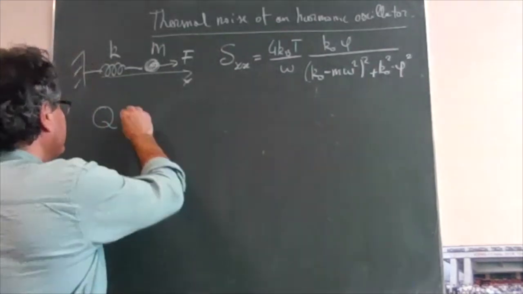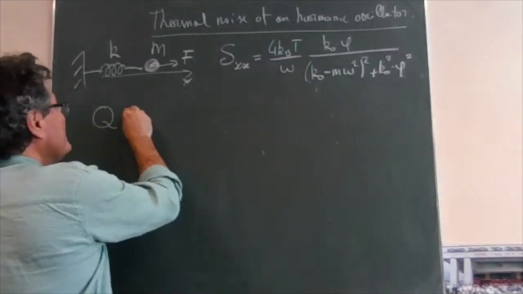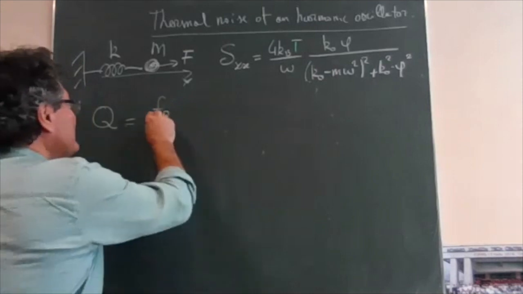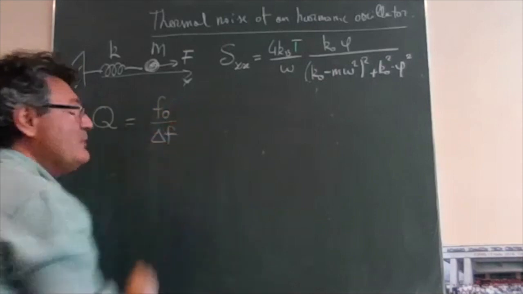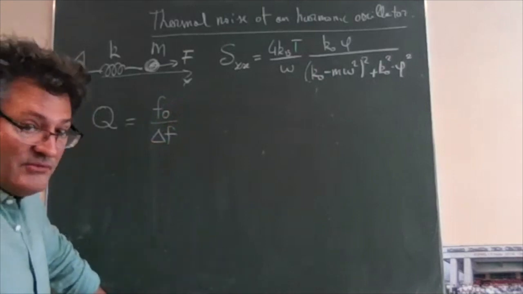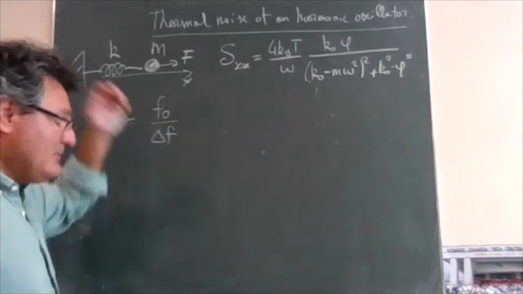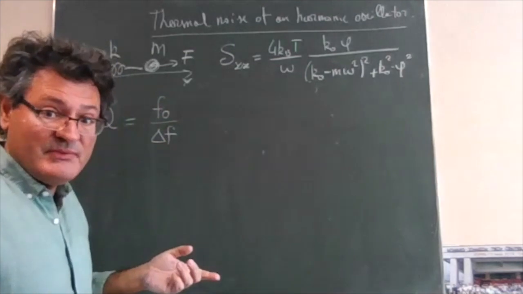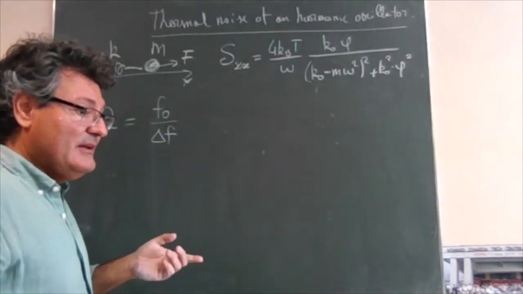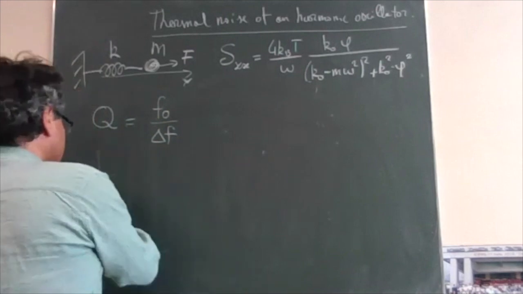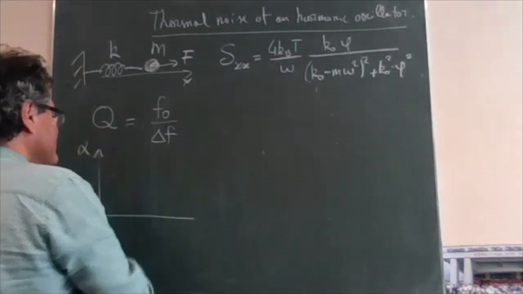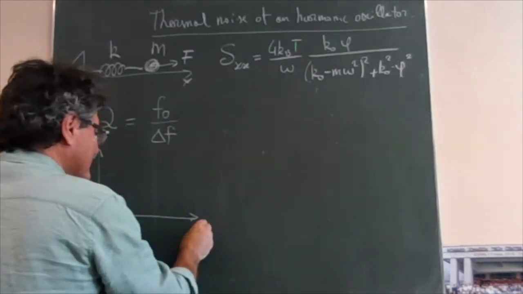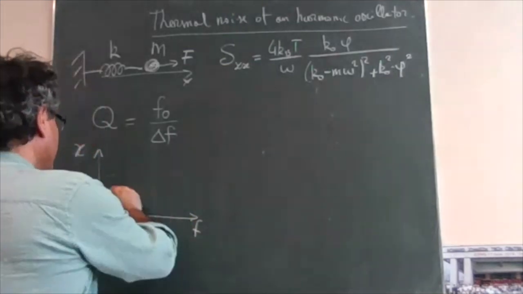has two meanings. The first, the quality factor Q of a resonance is the frequency of the resonance divided by what is called the width of the resonance. So when we say the width, we should plot the response. The response is the function x, a function of frequency.